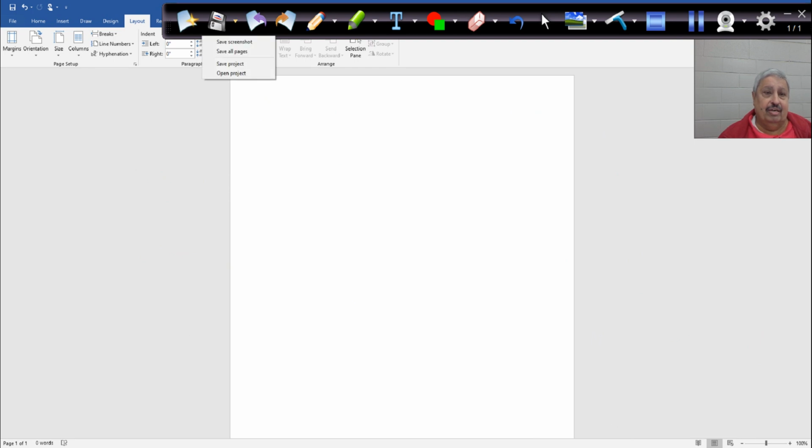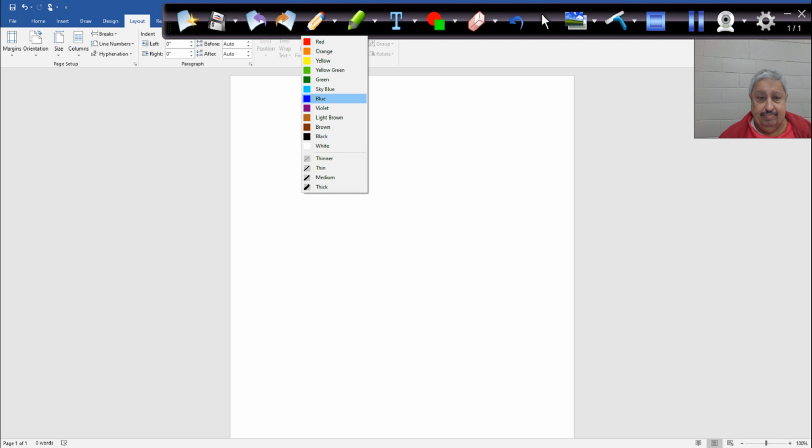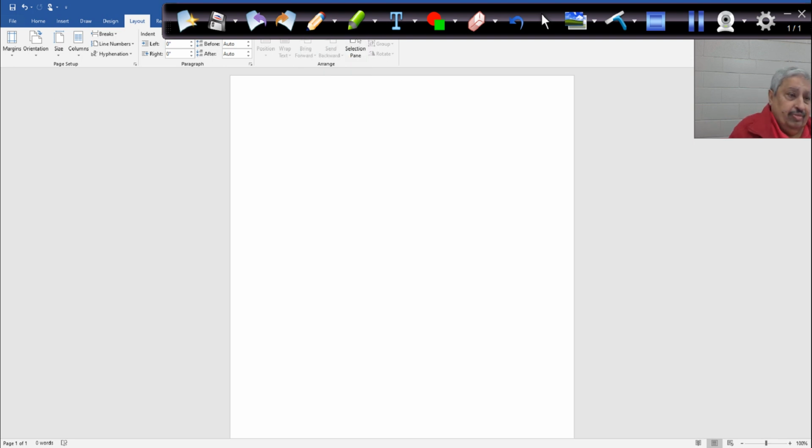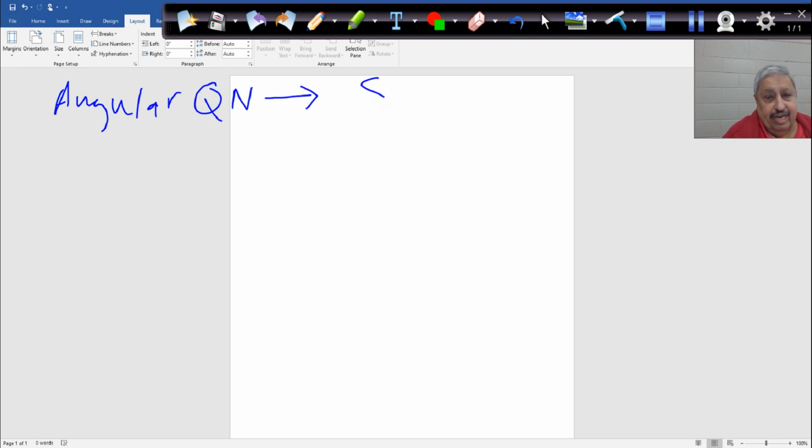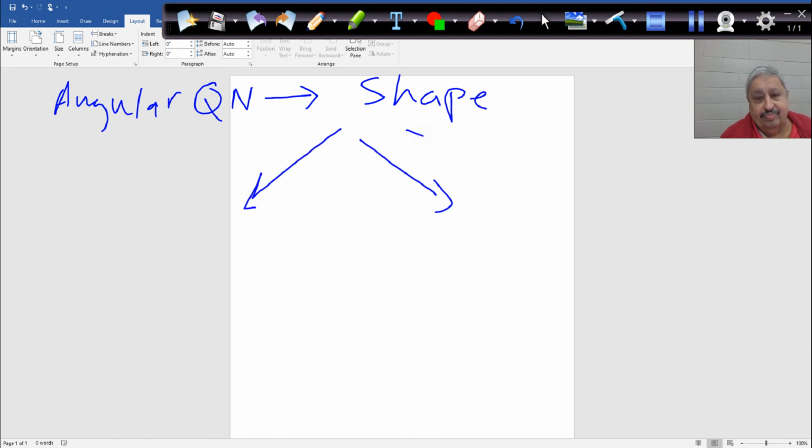The angular quantum number gives us, we say, the shape. What are those shapes? Well, it turns out we have 4 shapes. That's what we have until now because we have 7 periods.